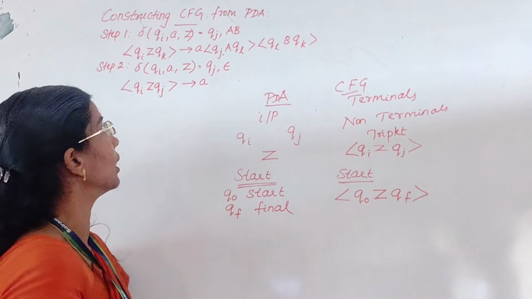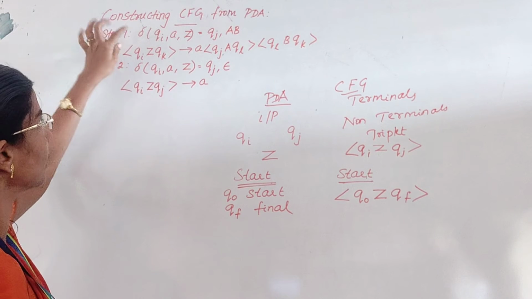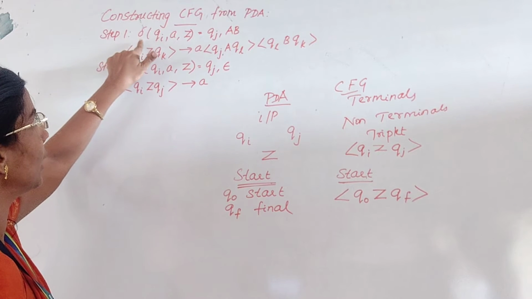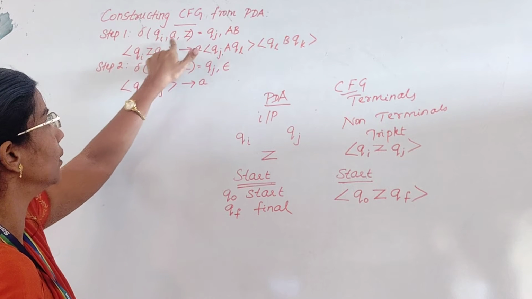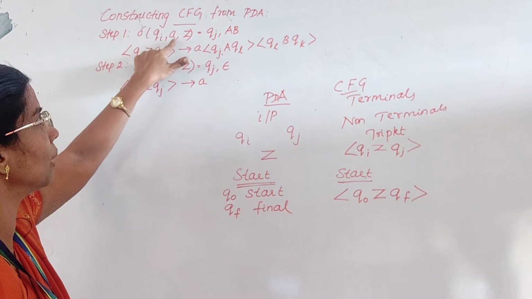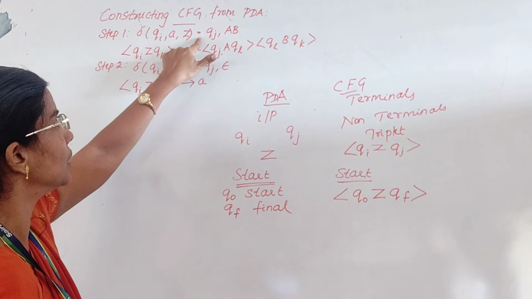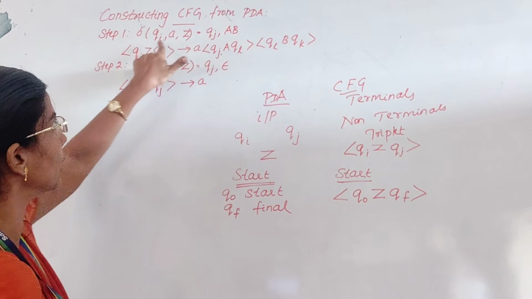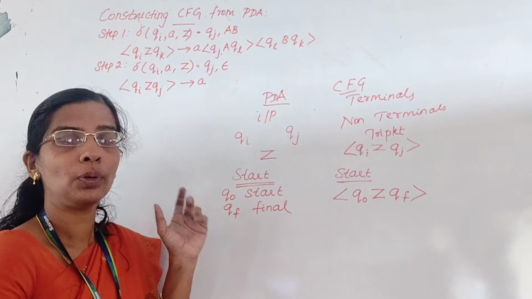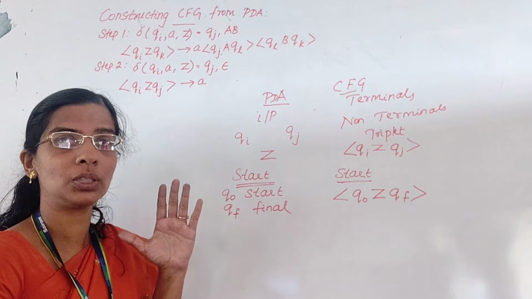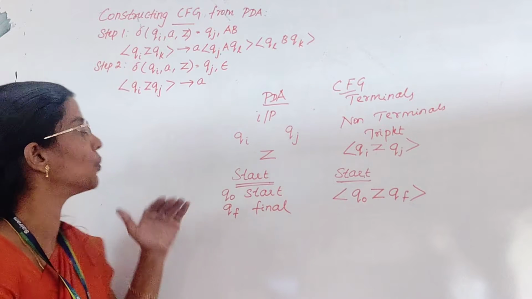Next, we have some rules. If your PDA has this type of transition, delta of QI, A, Z equals QJ, comma, AB, where A is my input symbol and Z is my stack top, and there is a state change, how to write the corresponding context-free grammar?